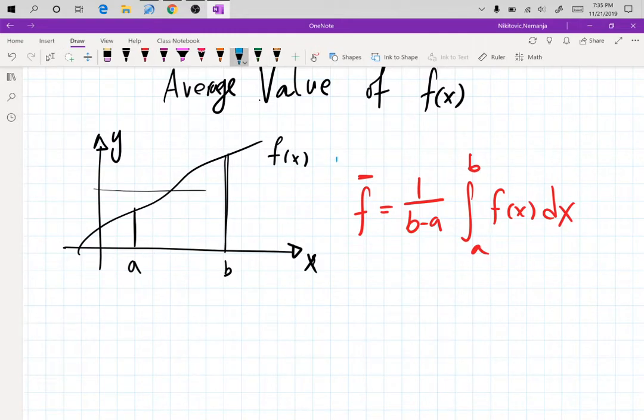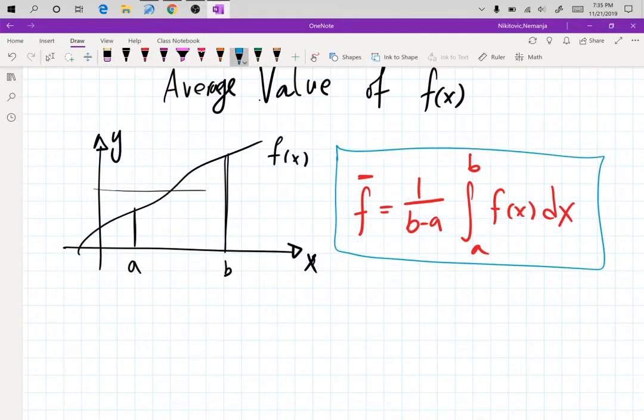Now this is a cool result because we can do things here. You know, they calculate the average rainfall for a month, the average rainfall in a year, right?